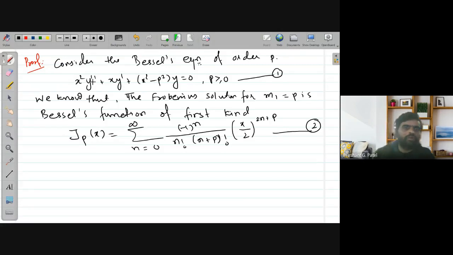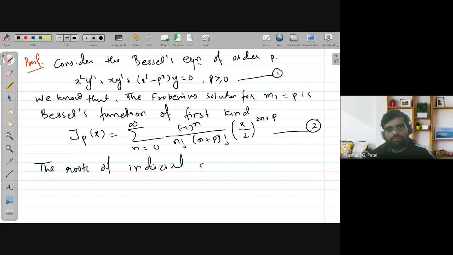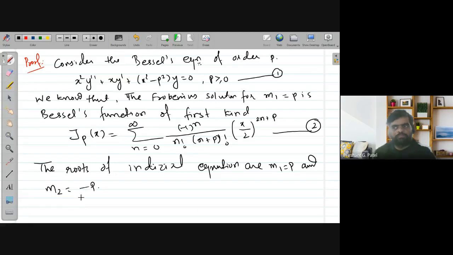And also we have calculated the roots of the indicial equation: m1 equal to p and m2 equal to minus p. Now there will be two cases.